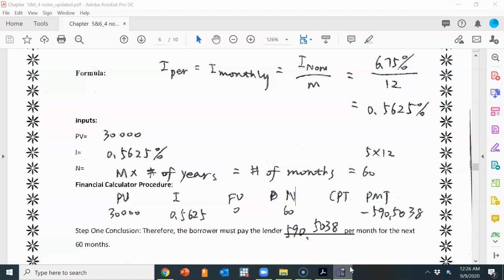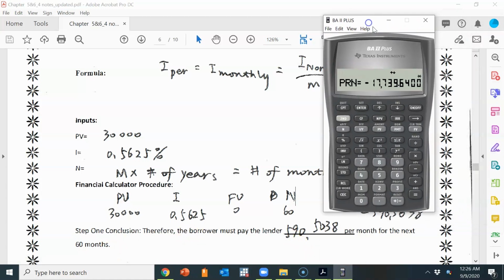Let me show you the process again on the financial calculator. We're going to use the TVM worksheet. Here we input 60 as N. For the interest rate, it's going to be the monthly rate, so let me input 0.5625, enter. Then we input the present value.